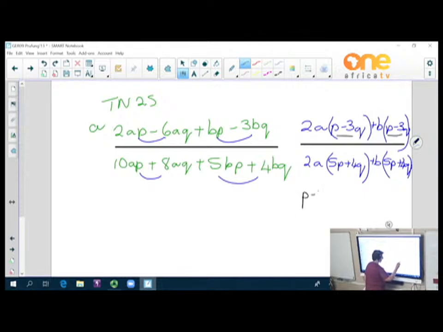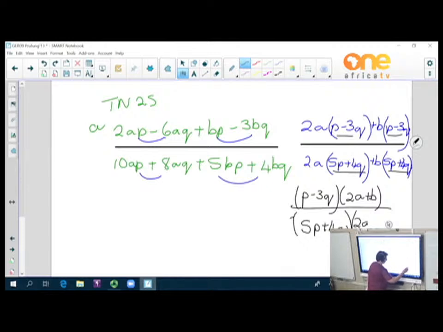So I can take out the P minus 3Q, and then there remains 2A plus B. Same thing here. This is common there, so it's 5P plus 4Q, and then in the second bracket, it's 2A plus B. That is grouping. And now we can cancel out. This will cancel out. So your answer is P minus 3Q over 5P plus 4Q.